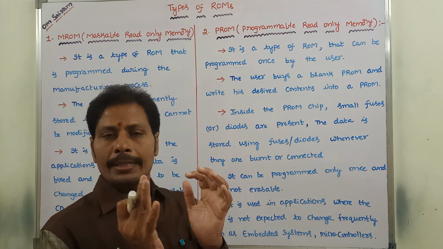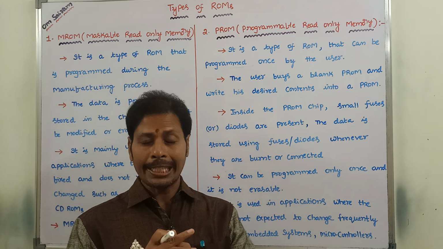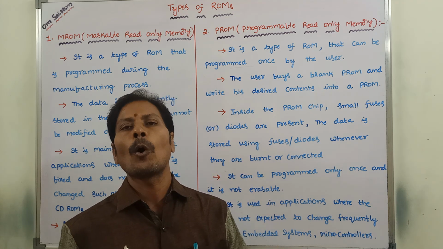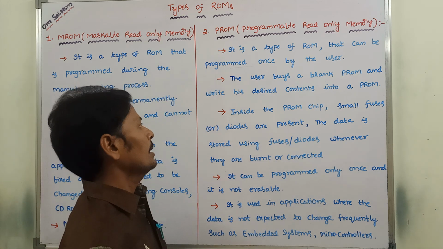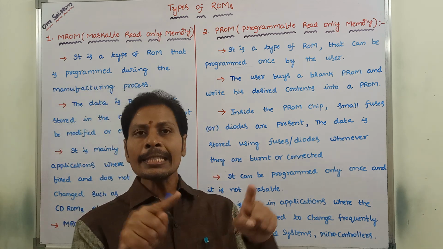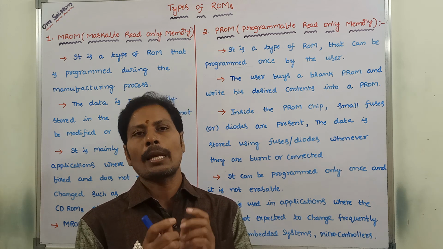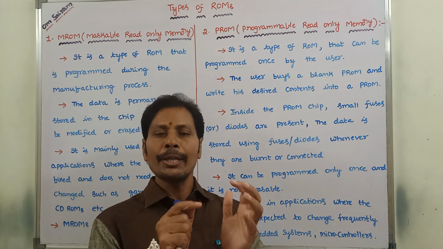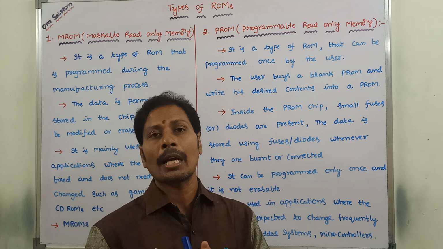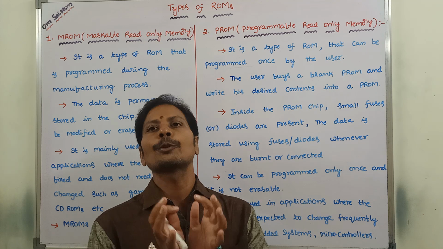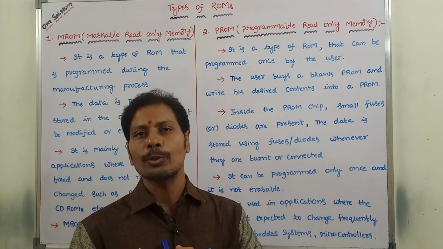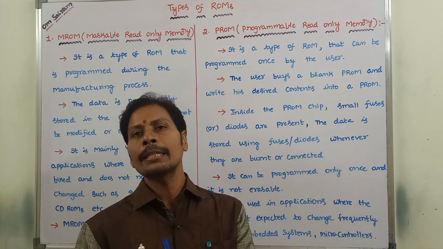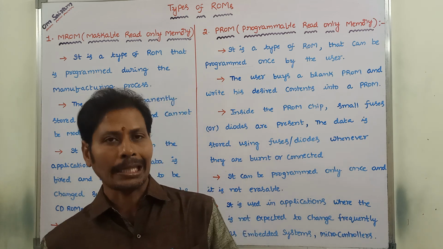Once the data is written into the PROM, it cannot be modified or changed. Next, third point, inside the PROM chip, some fuses or diodes are present. By using those fuses or diodes, we store the data into the PROM chip, whenever the fuses are burned or diodes are connected.